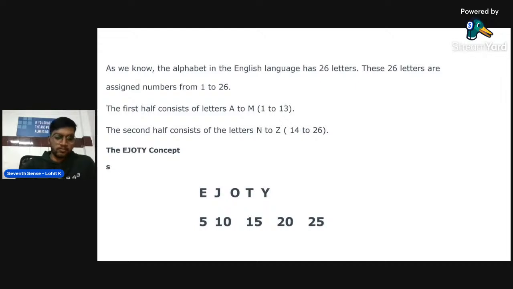Fast, guys. The students who know the number of Q, tell me what the number of Q is here. 17.